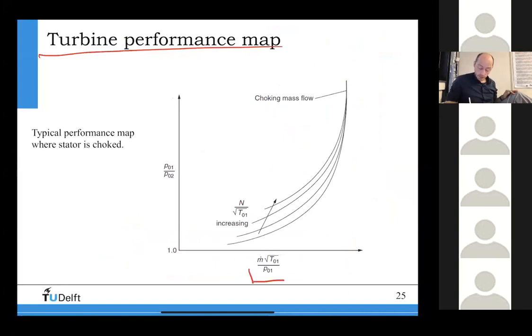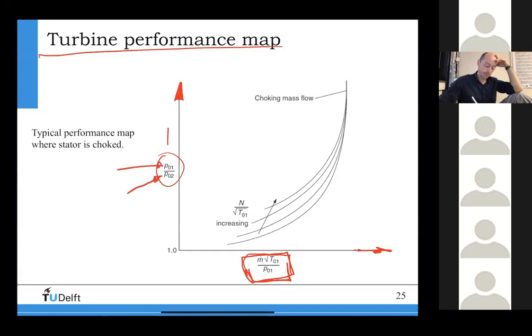You have here the reduced mass flow, right? We said it: mass flow times square root of temperature divided by the pressure. This is the reduced mass flow on the x-axis. And we said that most of the time we would like to look at the pressure ratio. You can see that if my P01 is kept constant, given by the conditions of the combustion chamber, then my pressure ratio can increase if I decrease the pressure at the exit of the turbine, P2 decreasing, then this will go up.